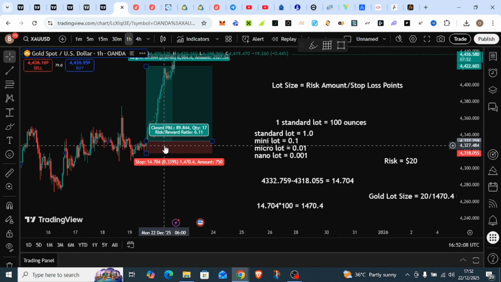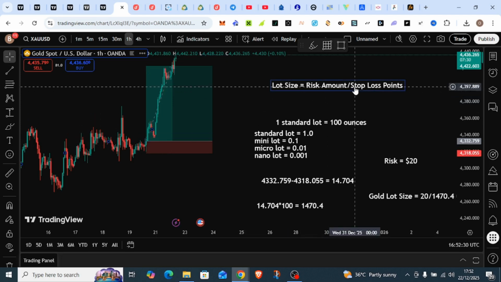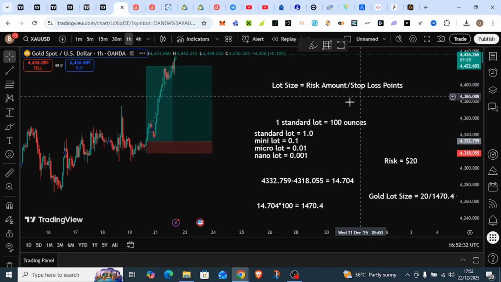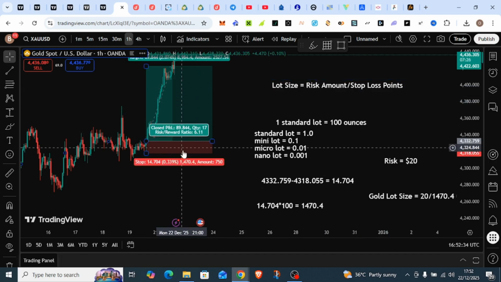So just get this point here, 1470.4 in this case. Your own number will be different depending on your chart analysis. You get the points on the right hand side, not the one on the left hand side. Then you use this formula, just your risk over stop loss. So risk over this number here, and you are good to go.